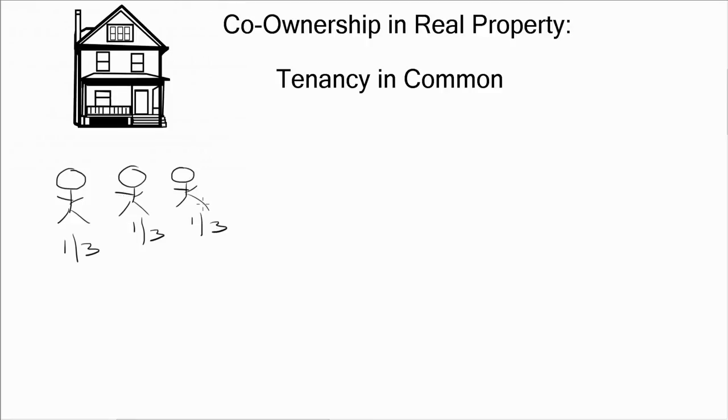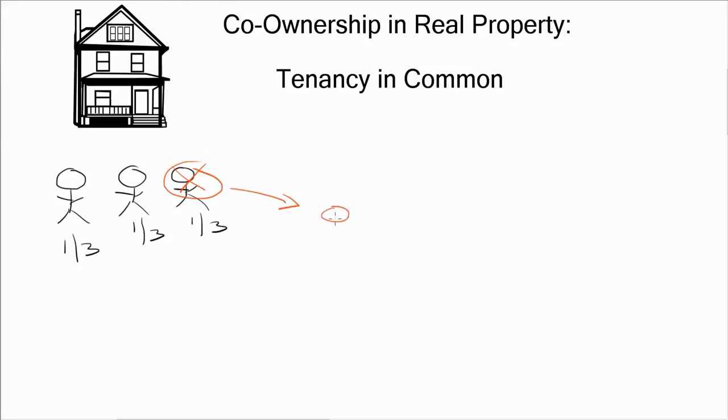To use an example of what rights they may have, let's talk about the future, and in the unfortunate event that child number 3 passes away. Child number 3 in tenancy in common has the right to do whatever they want with their 1/3 interest.